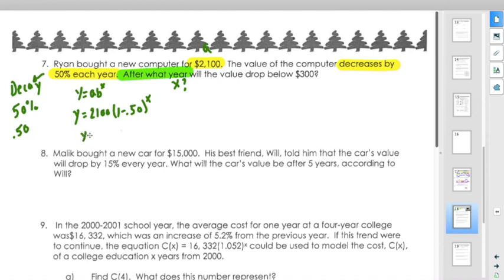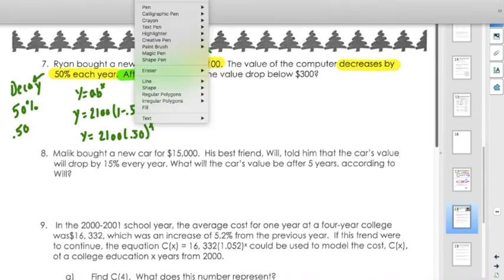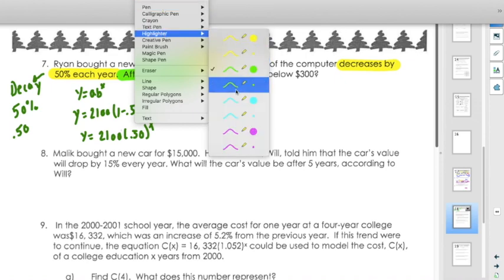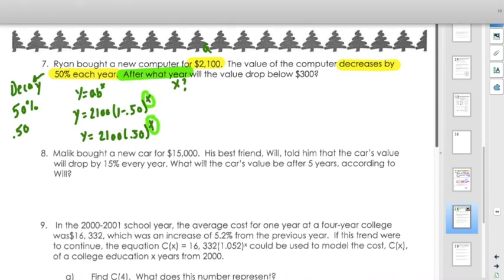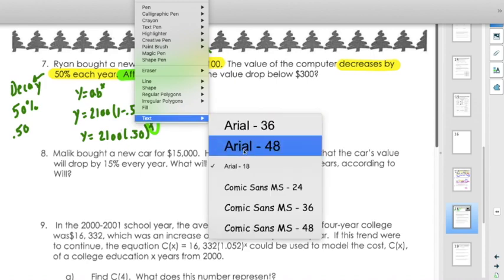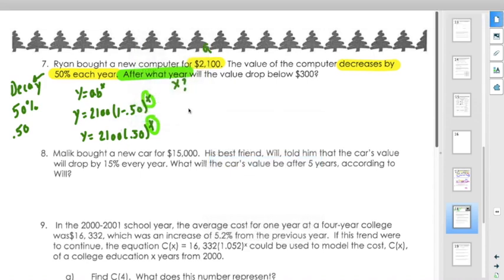And then I'm going to simplify that. y equals 2100 times 0.50 to the x power. And again, we don't know what x is, right? This is what we're trying to figure out. What is x? That's our unknown number of years.